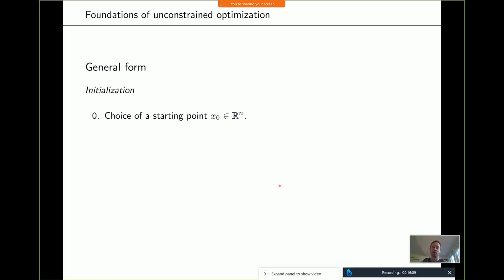But of course, usually you don't have much information about this, and you just choose a starting point in a way arbitrarily. So I denote the starting point here as x0. It's of course an n-dimensional vector because we are minimizing the function with respect to these n-dimensional vectors. And there are no real rules of how to define a starting point.